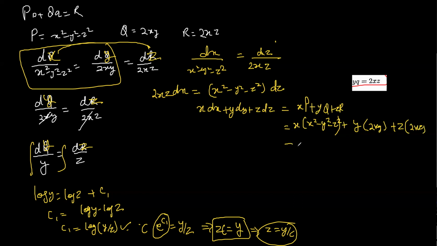Okay, when you open the bracket, you will get x cube, x y square, x z square, 2xy. On simplifying, you will get, yes. Okay, now it becomes easy.